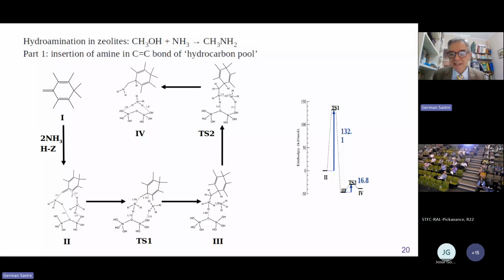And now, although the activation barrier is high, 132 kilojoules, this is the best that we have found.